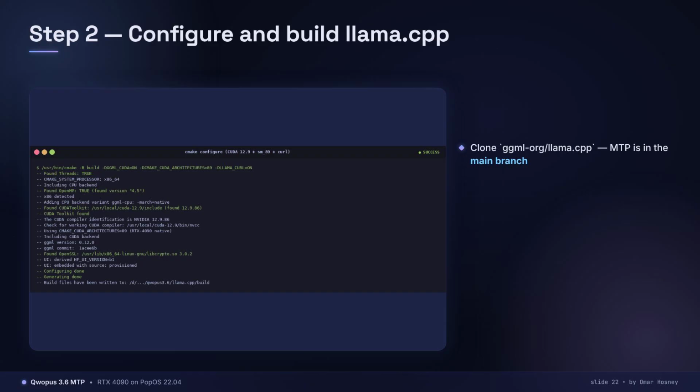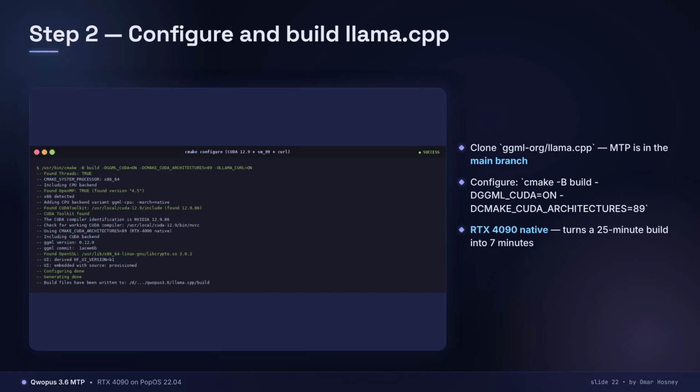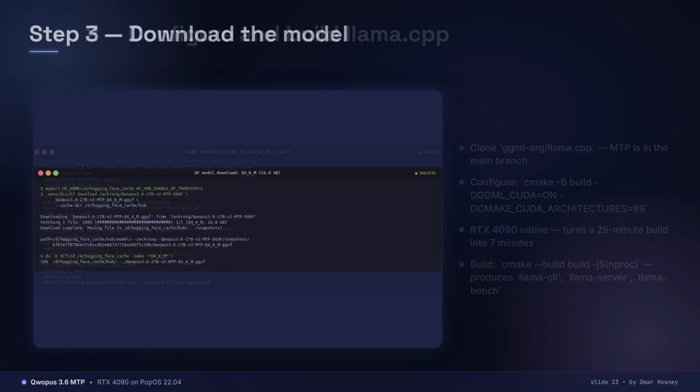Without it, CMake compiles for every GPU generation ever made, and the build can take 25 minutes. With it, you're done in about 7. The build itself is cmake --build build -j and the number of cores. You end up with 3 useful binaries: llama-cli for one-shot prompts, llama-server for the OpenAI-compatible API, and llama-bench for performance testing.